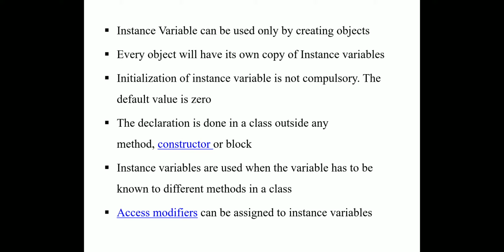The declaration of an instance variable is always outside any method, constructor or a block. Instance variables are used when variables have to be known to different methods in a class, and also access modifiers can be assigned to instance variables. These all are the features of the instance variables.